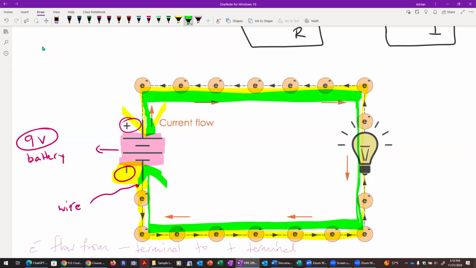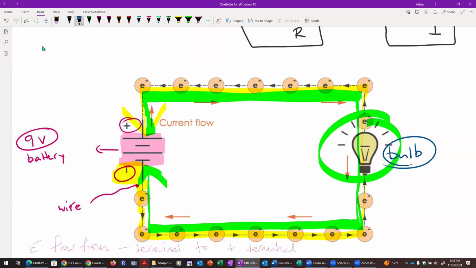What we can also do is put in this circuit something that has some sort of resistance, and in this case, it's a bulb. If current flows through it, it will cause the bulb to light. We're not going to get too deep into this; it's just to give you an idea of how those are connected.